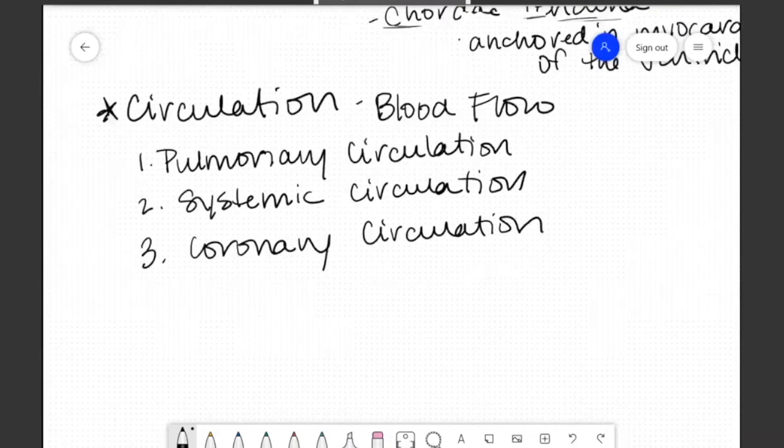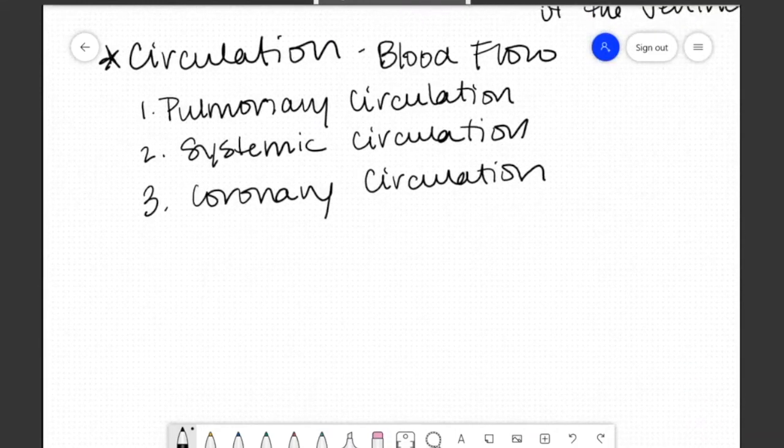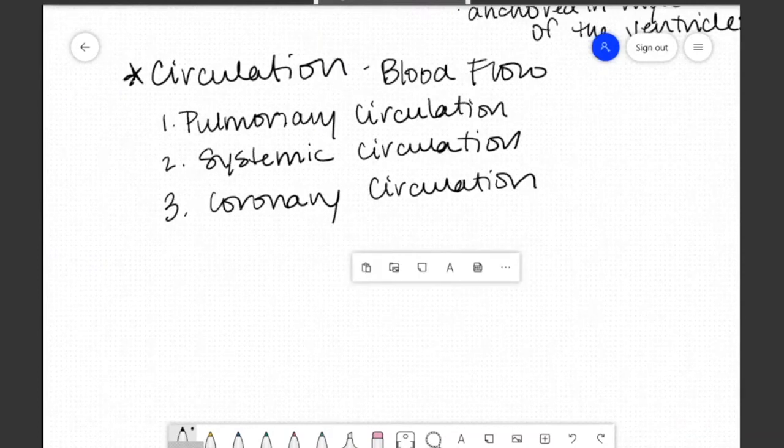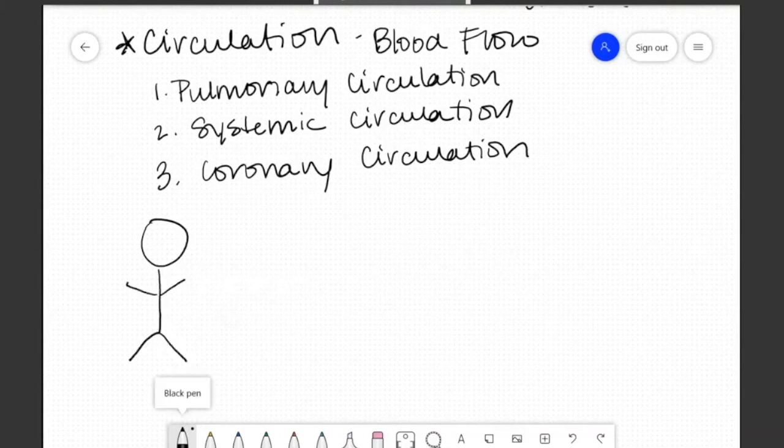So with circulation, blood flow, there's 3 different paths. There's the pulmonary circulation, the systemic circulation, and the coronary circulation. To give an idea of how we actually are using our heart, remember, it is the transportation. It is moving the cargo all the way around our body. So we've got our heart sitting right about here.